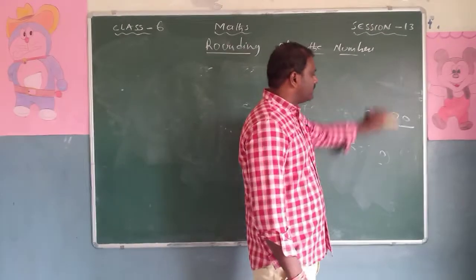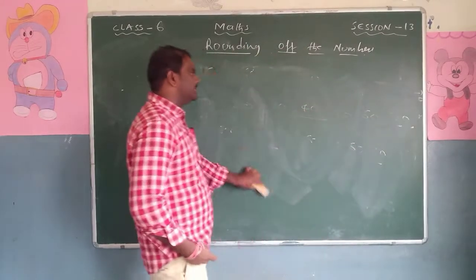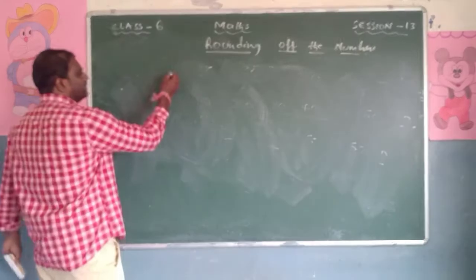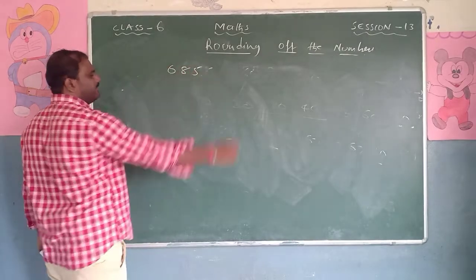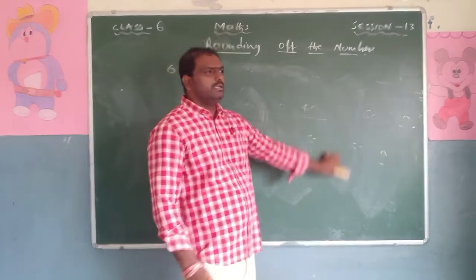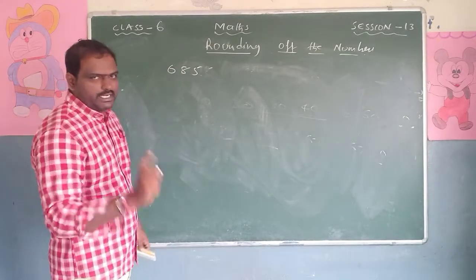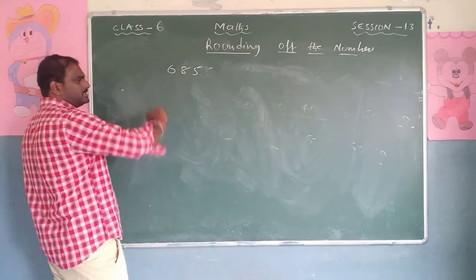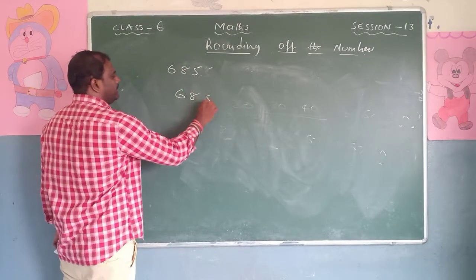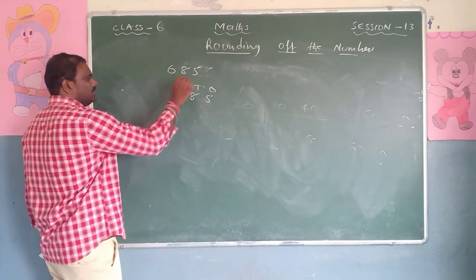Now I'll explain the concept for hundreds. So nearest hundreds ఎలా చేయాలి. Same concept. For example, 685 is given. First, if the question is given to nearest hundreds, we have to check how many hundreds are there. So 685. Ones, tens, hundreds.